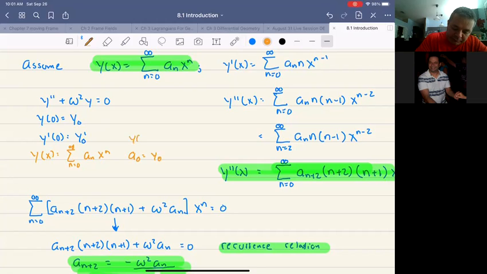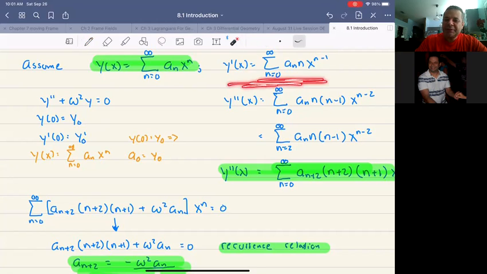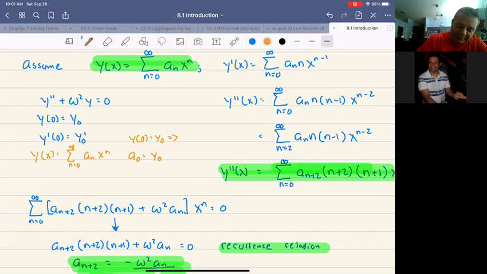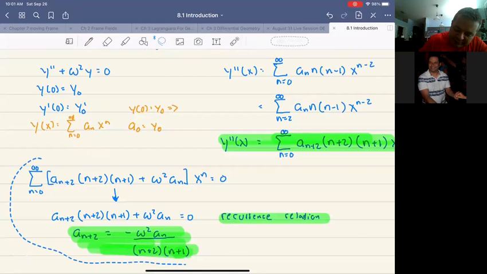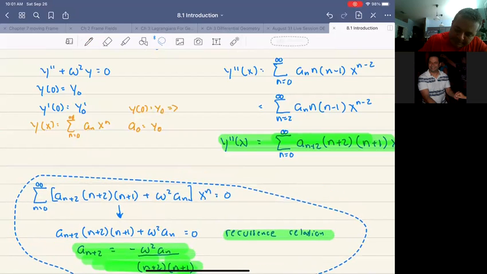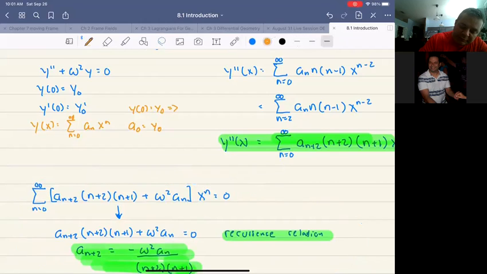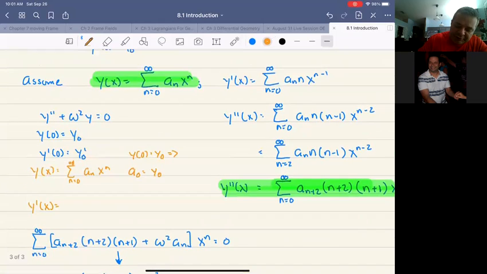Now, what about that y prime? That's going to come from here. So y prime of x, I'm going to write it shifted. Let me move this down a little bit. Sorry about that. My y prime of x, if I write it shifted, that's going to be the sum, n goes from 0 to infinity.